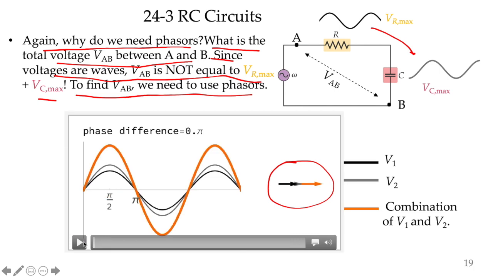Okay, let's play it again. Now they are in phase, 0 degrees between them. The amplitude, the total or the combination, is maximum, and it's going to decrease as the phase difference grows. You can look at the phase difference here, and you can verify it from the phasor diagrams as well. Let's play it again.